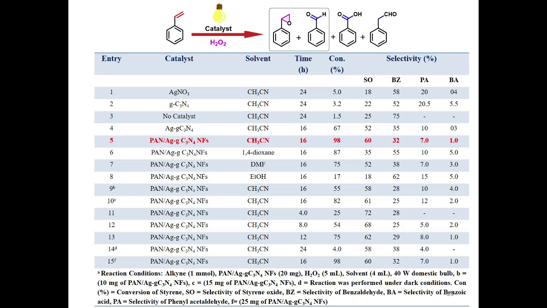That is pan AgG C3N4 nanofibers in the presence of CH3CN, methyl cyanide. The reaction proceeds in 16 hours, and the yield is 98%. But when we look at the selectivity, styrene oxide gives 60% product as compared to benzaldehyde, phenyl acetaldehyde, and benzoic acid.